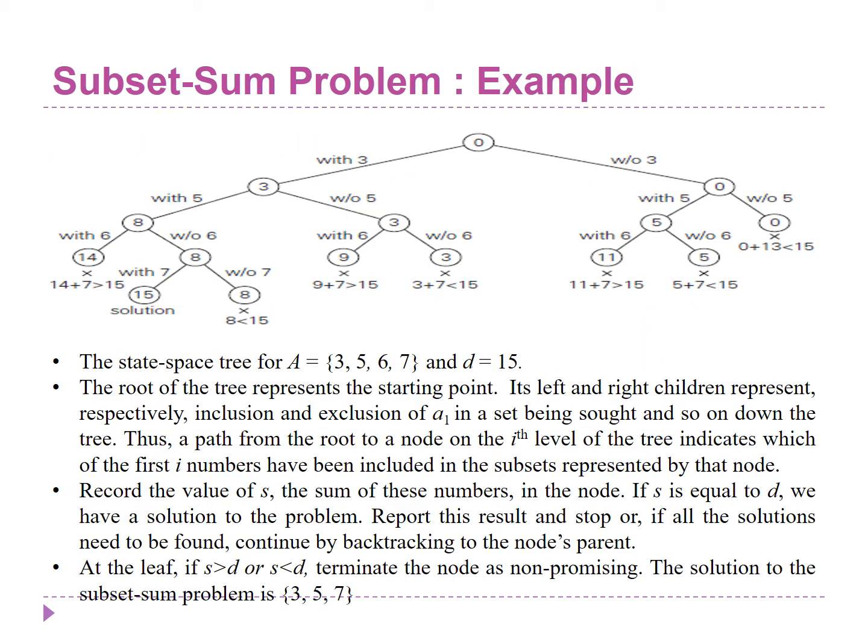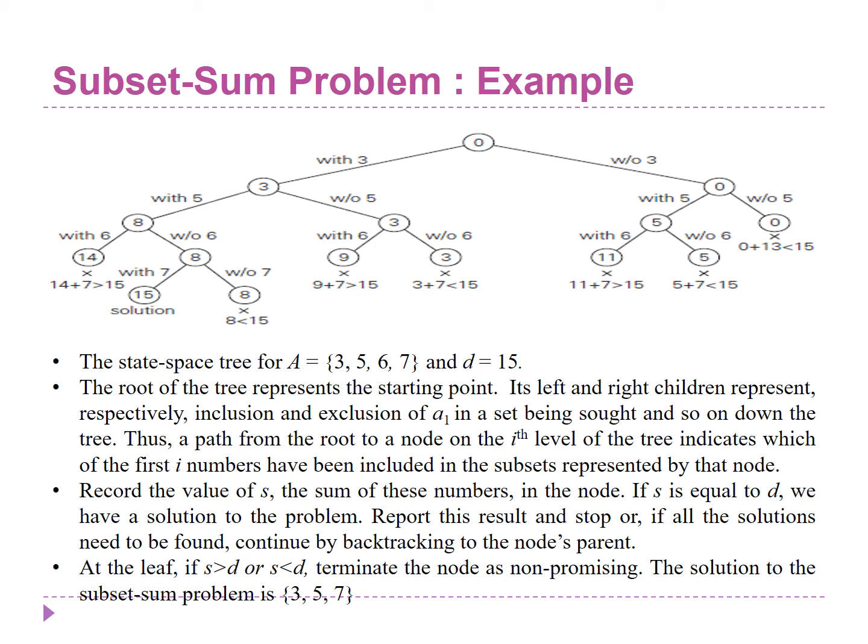The subset sum problem is solved for the given set A consisting of elements 3, 5, 6 and 7. The sum of the subset elements must be equal to 15, which is represented by the variable d.